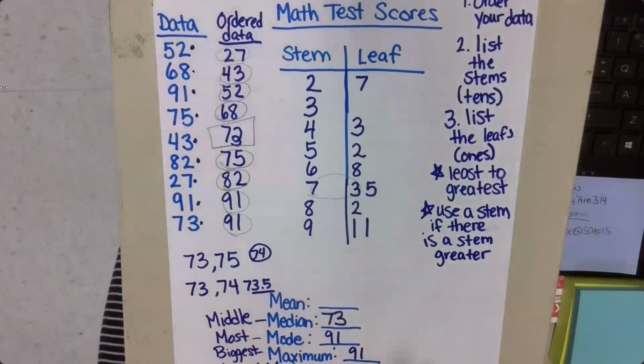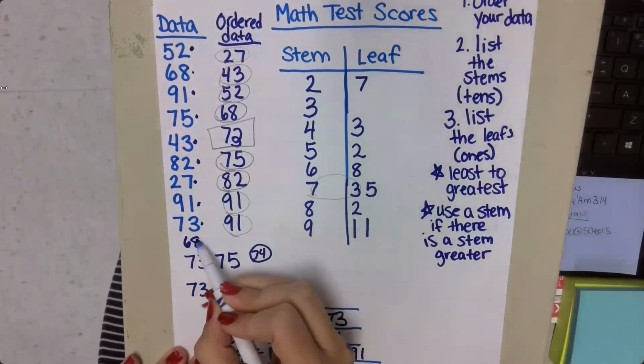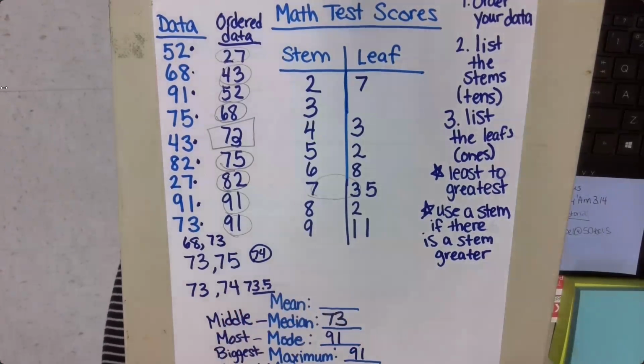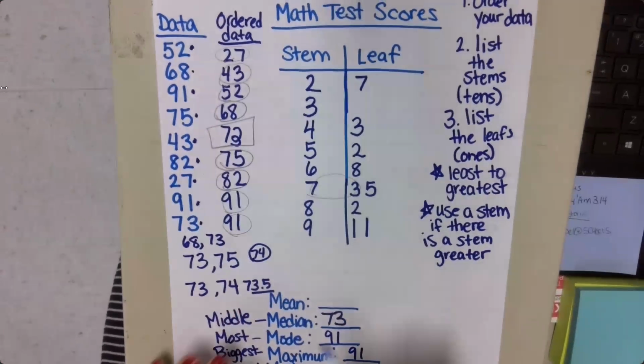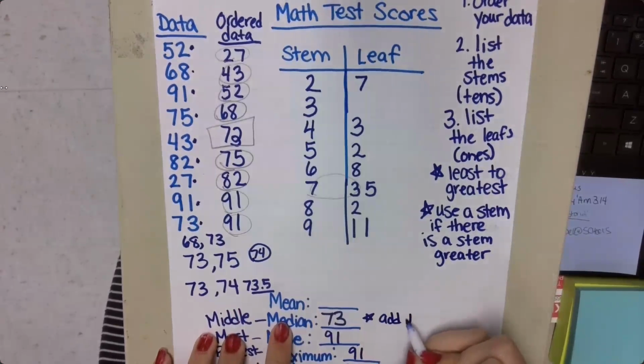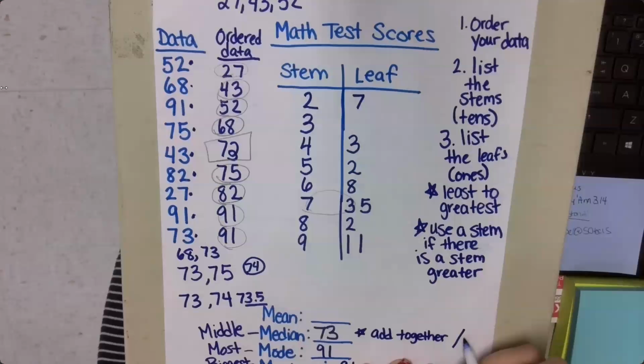If I had a couple of numbers that had a large gap in between them, like let's say my median could be 68 and 73, I would add them together and then divide by 2. So sometimes with the median, you have to add together if you have 2 of them, and then divide by 2.